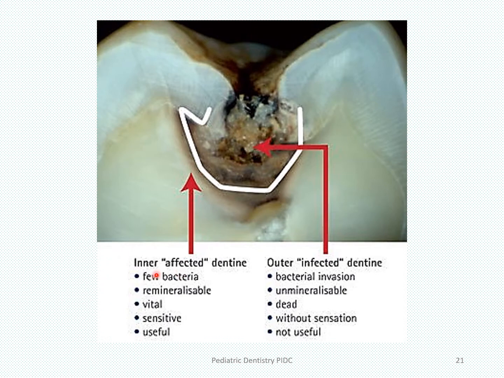But the inner affected dentine, that means if you see the borders here, now this dentine only has a color change because of the toxins produced by the bacteria, but this dentine, the affected dentine, can remineralize, and it is sensitive and it is vital and it is important for us to preserve this affected dentine.